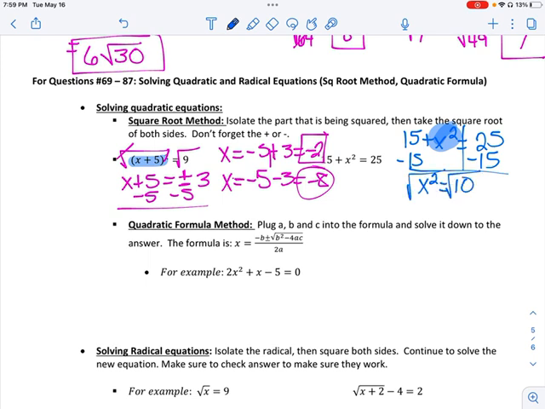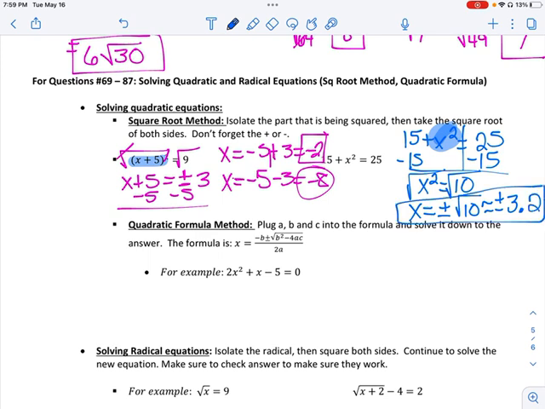Now I take the square root of that, and that gives me x equals plus or minus the square root of 10. If it asks for it as a decimal, you would literally just take your calculator now, and you know that's going to be just slightly over 3. So if we take 10, take the square root of that, it's going to come out to be 3.2 rounded, we'll say. So plus or minus 3.2.